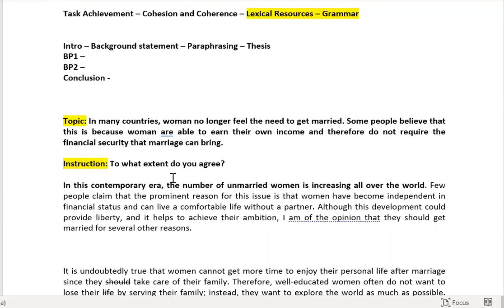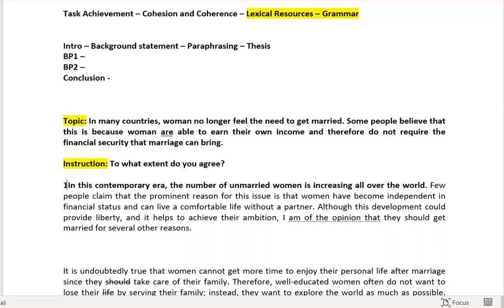Like, in many countries, women no longer feel the need to get married. Some people believe that this is because women are able to earn their own income and therefore do not require the financial security that marriage can bring. To what extent do you agree or disagree? Now there are three parts of an introduction.